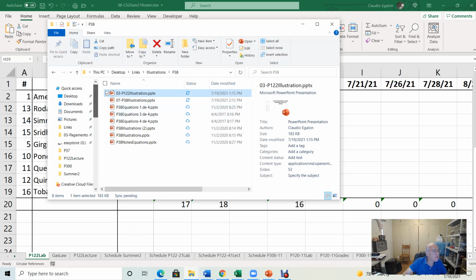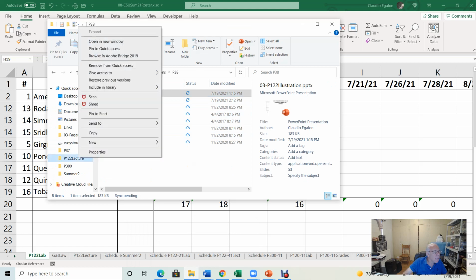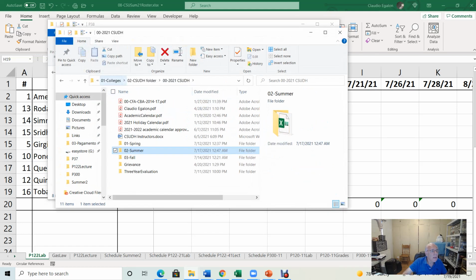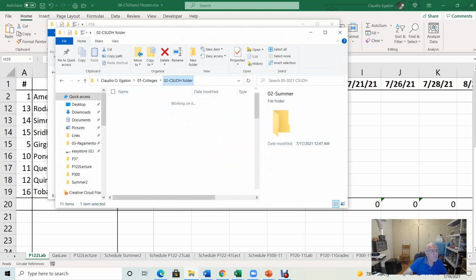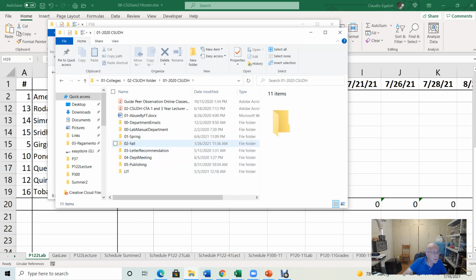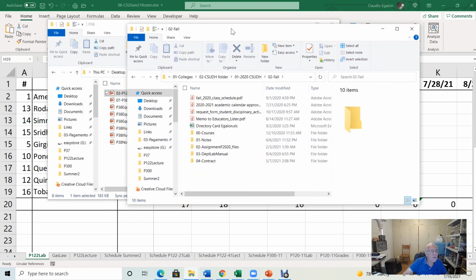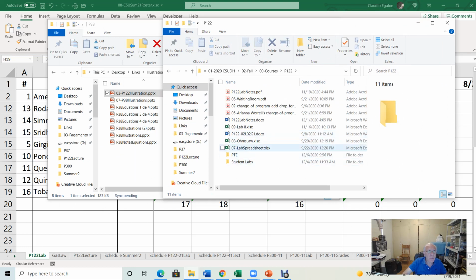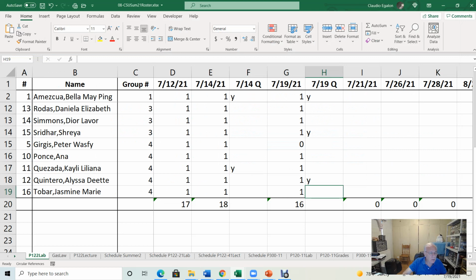I want to make sure I didn't make any. In the fall of 2020, I did this experiment. Let me see if I kept my spreadsheets for that course. Directory course, Physics 122, lab spreadsheet, must be this one here.